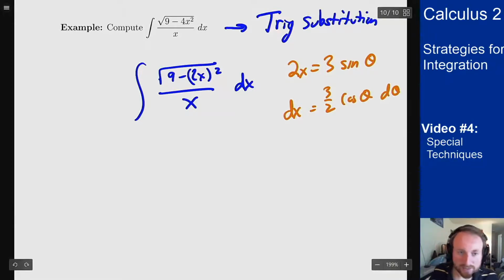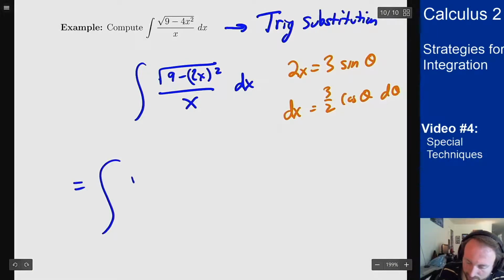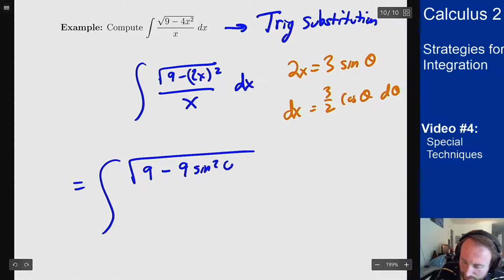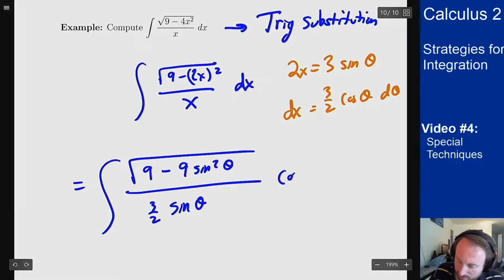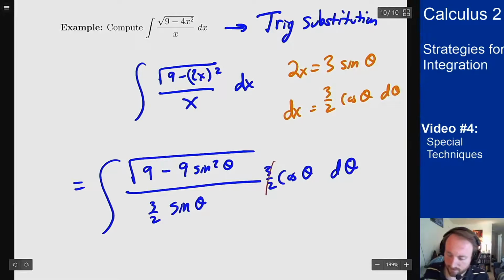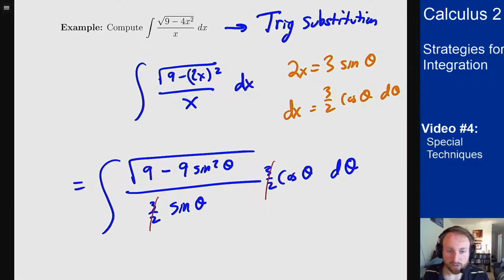And then I can plug in the substitution. I'll get the integral square root of 9 minus 9 sine squared theta divided by a 3 halves sine theta times a cosine theta d theta with a 3 halves here as well. This 3 halves and this 3 halves cancel, and that part inside becomes a 3 cosine theta.